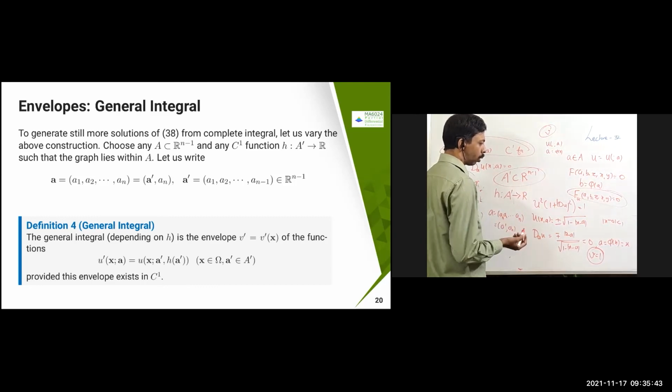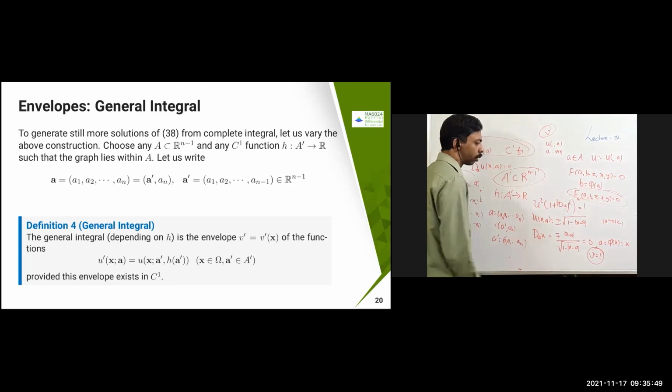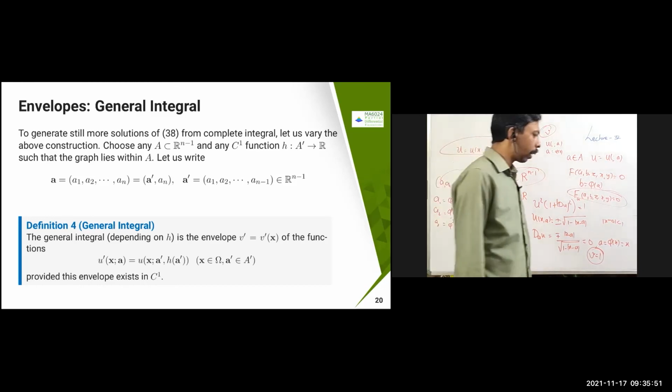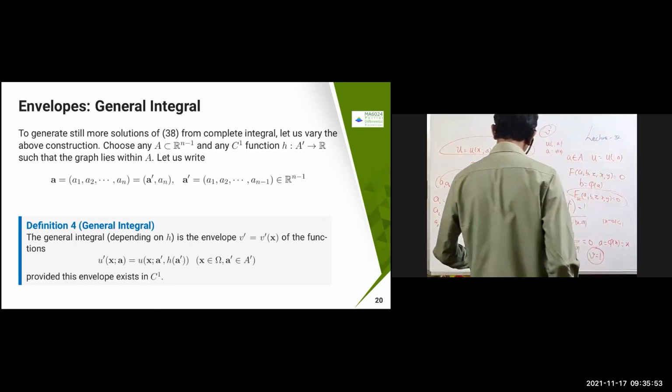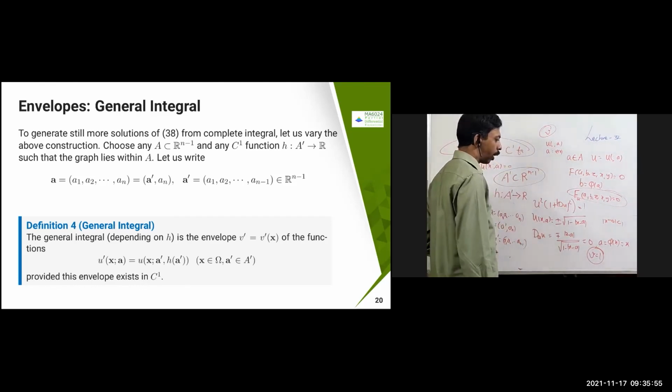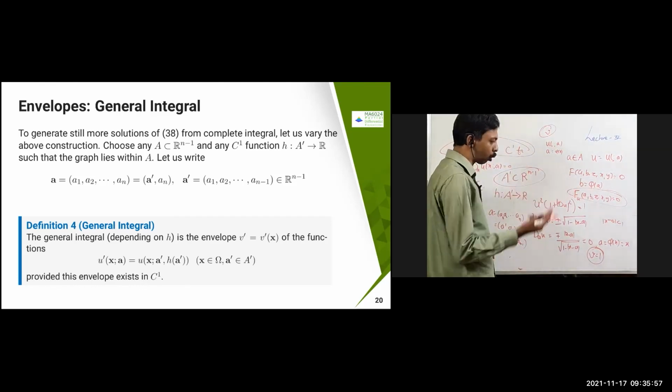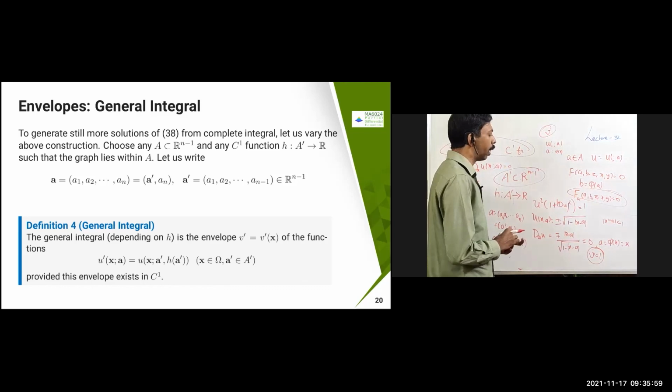So A dash is nothing but a1, a2, etc., an minus 1. Now, corresponding to this A dash, you are going to get an envelope, V dash. I'm going to get a general integral.